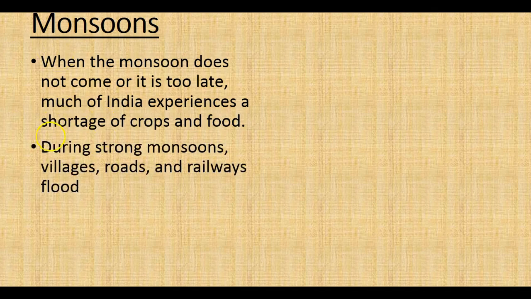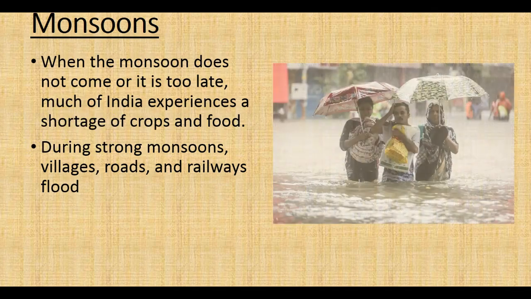It says, during strong monsoons, villages, roads, and railways flood, so it's very hard to get around at times. And this is a typical day during monsoon season. You can tell that they are in a town. There are buildings. This was a street that is now up to almost their hips in water, and they're trying to get to wherever it is they're going.